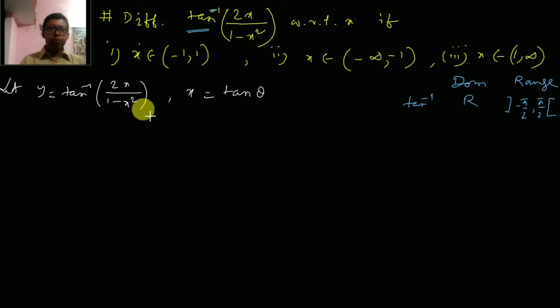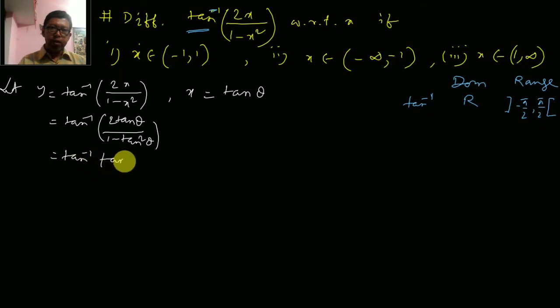So this is the proper substitution. Now, can you write tan inverse of tan 2 theta is equal to 2 theta or anything else? So we have to study. So first of all, you write this is tan inverse of 2 tan theta divided by 1 minus tan square theta. Okay, so this is equal to tan inverse of tan 2 theta. As usual format we have written, but we did not study the domain given.